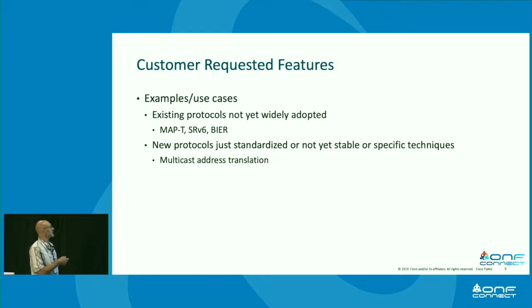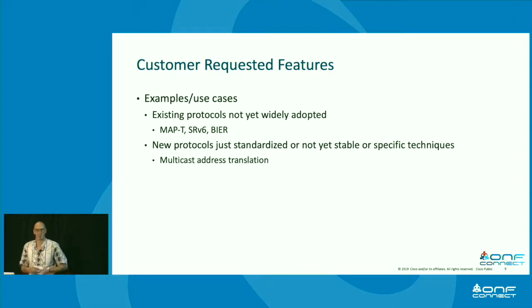I listed here some examples. MAPT. MAPT is a solution to transport IPv4 packets over an IPv6 backbone, which is very interesting to many large operators today because it allows them to deploy an IPv6 network but still support IPv4. There are no hardware implementations in network devices.